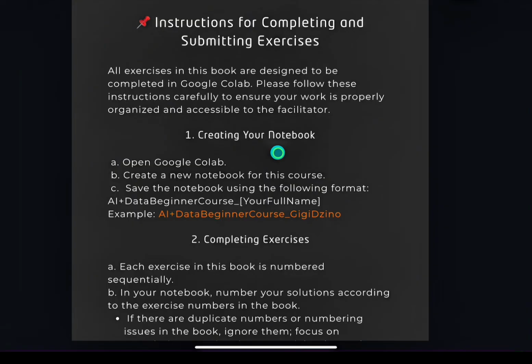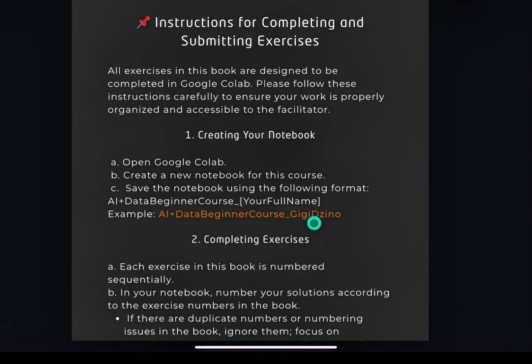First things first, you're going to create your notebook. You go on Google and type in Google Colab. You open Google Colab and create a new notebook for this course. Then you name it as follows. Over here, we have written AI plus data beginner course underscore your full name.